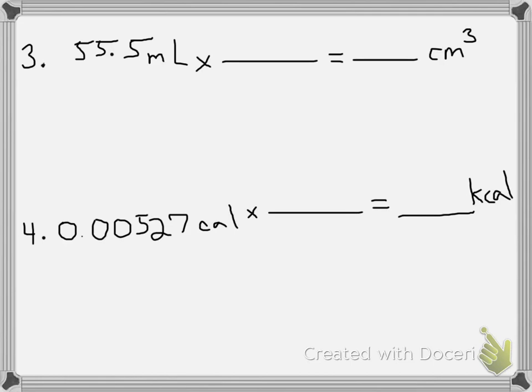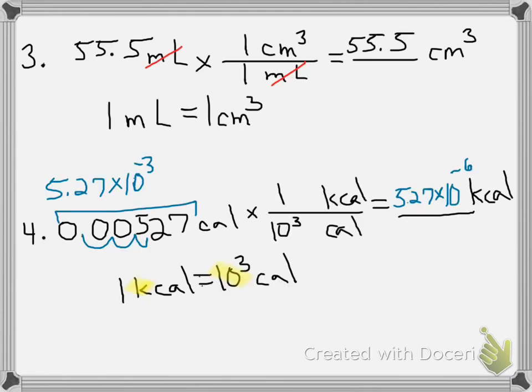Okay, pause the video and try and do these, and when you finish doing 3 and 4, push play on the video and check your answer. Go ahead and check your answers. I just want to also point out, notice in number 4 we have an exponent in the denominator. This means we are subtracting. So I made my original number into scientific notation by moving the decimal point so it was only behind one number.